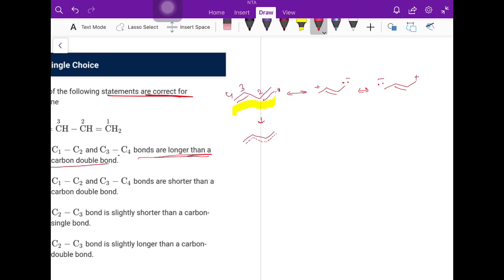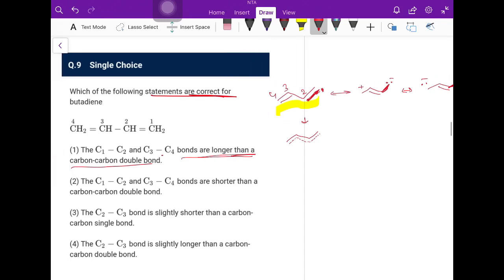So C1 and C2 have some double bond character, but in these structures it has single bond character. So this double bond character is actually getting some single bond character, and therefore the bond length will increase. So C1 C2 and C3 C4 bonds are longer than a carbon carbon double bond. This is a correct option.